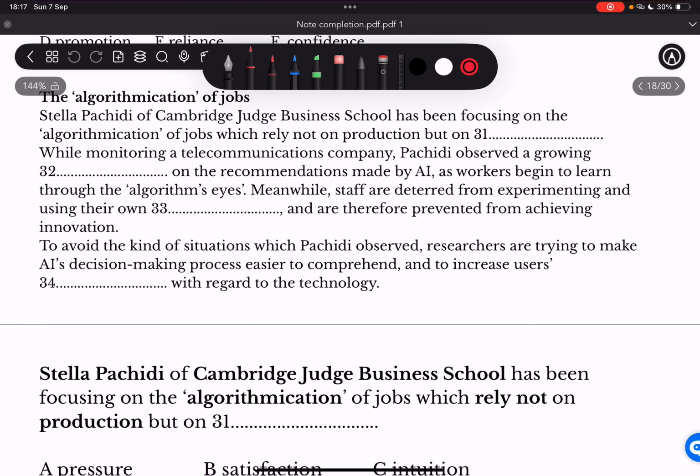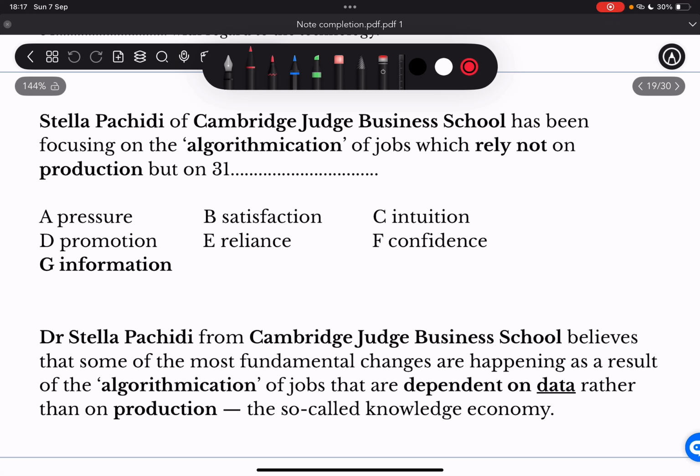So now let's start. We've got the first sentence. Stella Pacini of Cambridge Judge Business School has been focusing on the algorithmification of jobs which rely not on production but on. So the strong keywords, as you can see, are the names. Stella Pacini, Cambridge Judge Business School, algorithmification. Those cannot be changed, or could be changed to referencing words like pronouns, but in this case, we are lucky, we have them word by word in the passage.